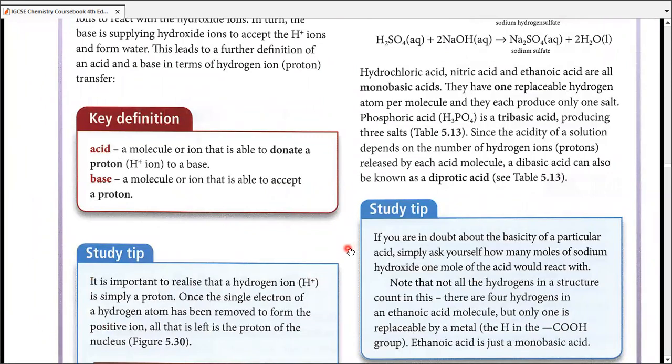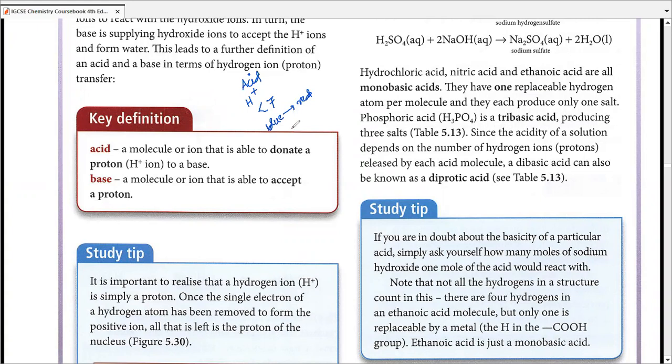Now, let me clarify. We've already defined acids in three ways. Something that gives you an excess of H positive ions when dissolved in water, something that has a pH of less than 7 on the pH meter or the pH detection scale, or something that can turn the blue litmus to red whenever tested with the litmus paper is what we call acid.